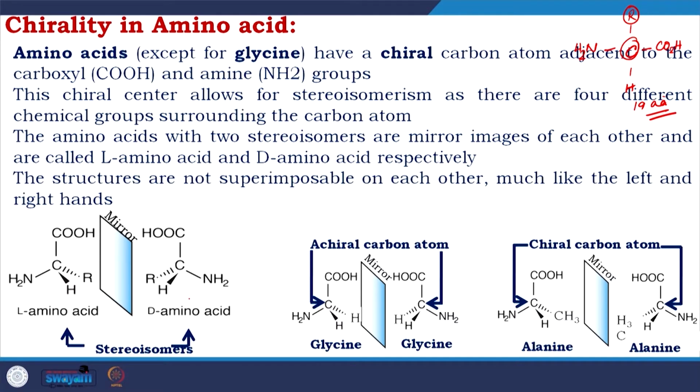As I told, the structures are not superimposable, but at the end what we have to understand is that an amino acid has a carbon, the carbon has 4 different groups, and that is why they are chiral. How or why this chirality is affecting is what you have to understand.